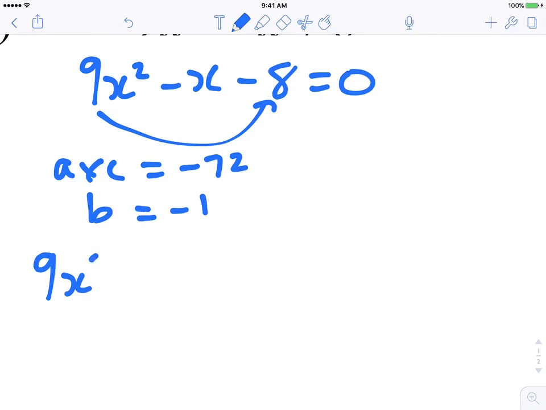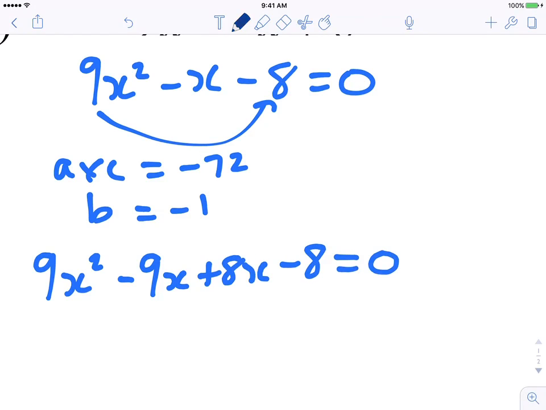So we rewrite the equation: 9x squared minus 9x plus 8x minus 8 equals 0. You'll remember that negative 9x plus 8x gives us negative 1x, or negative x, and so we really haven't changed anything. Now we want to factor by grouping.